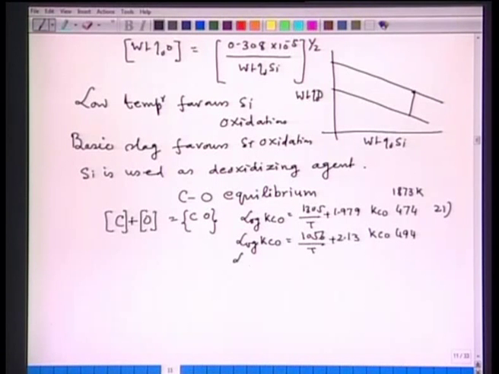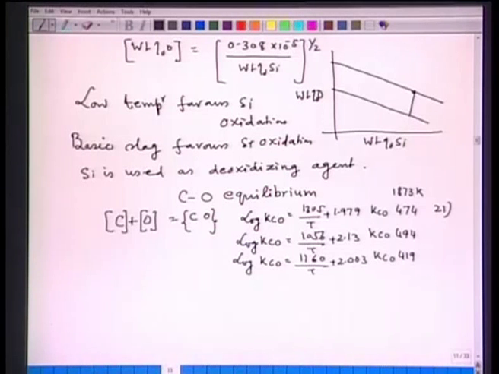If I take even another source, log KCO equal to 1160 upon T plus 2.003, here I get KCO equal to 419. Now, what I wanted to say is that depending on the source, the value of KCO may differ, and the references of all the sources I have given at the end of the lecture under the term references for further reading.